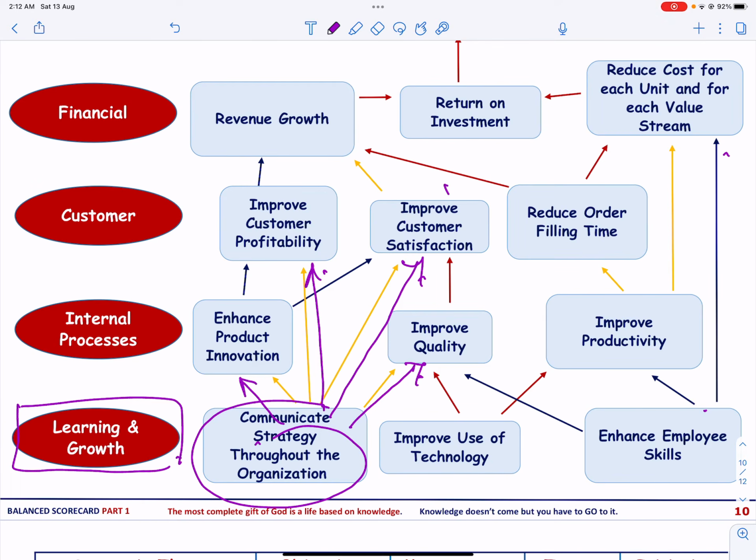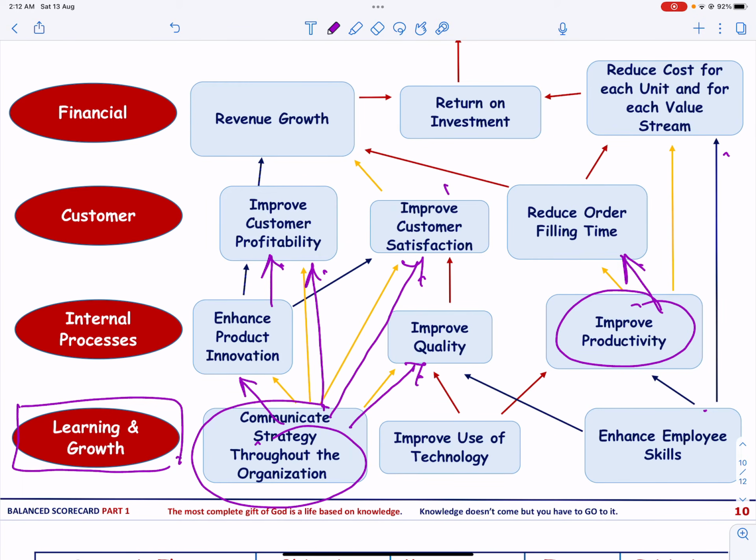As the company can make a better product and deliver better customer satisfaction, the company can charge the customer more. Thus, by making a better product, the company can charge the customer more. That will mean more profit. Improved productivity means reducing the order filling time.